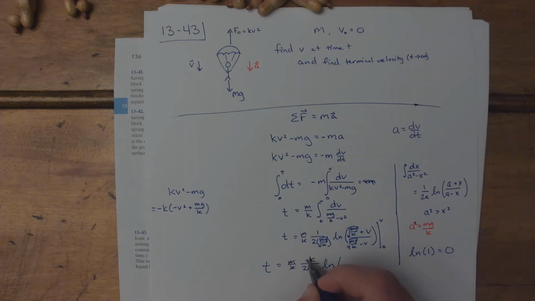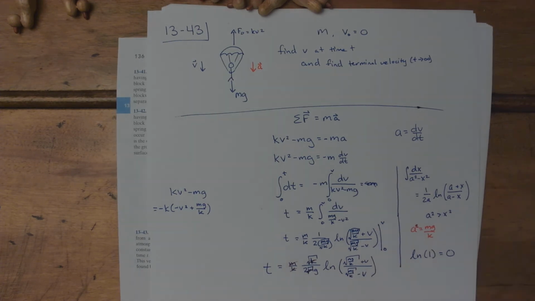So this is the square root of k, and this is the square root of m. Okay, and then this is the natural log of square root of mg over k plus v over square root of mg over k minus v.